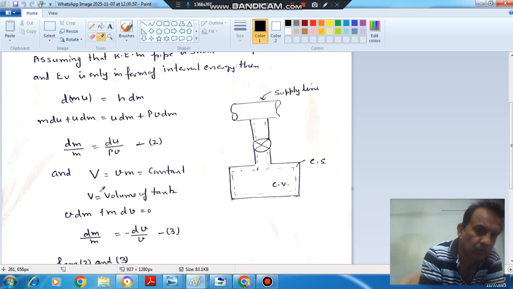Or we can say, if we differentiate it, the left side will be 0 and this will be v dm plus m dv, or dm by m is equal to minus dv by v. More the mass in it, less will be the specific volume. The total volume remains the same, so this quantity is constant, or dm by m is equal to minus dv by v. So this is equation number 3.